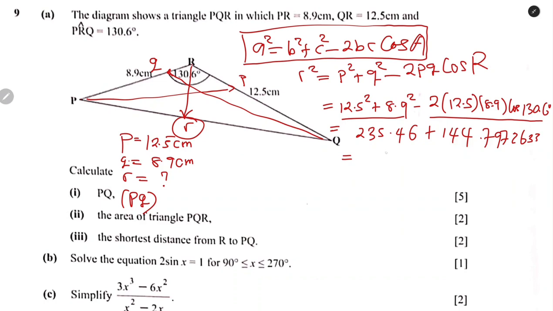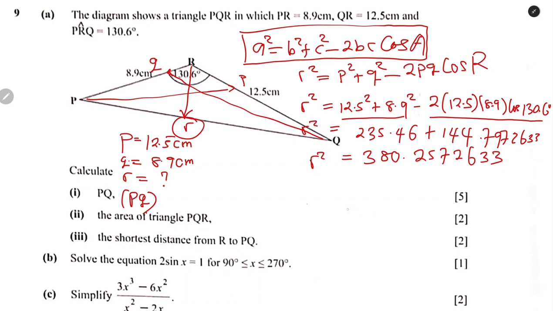Then if you add these, you are going to have 380.257263.